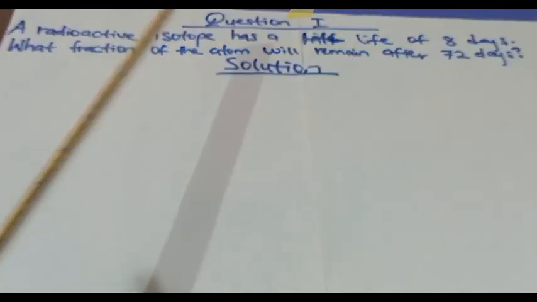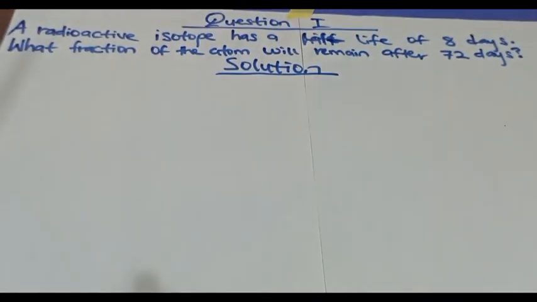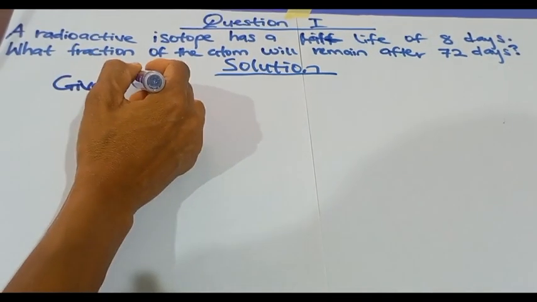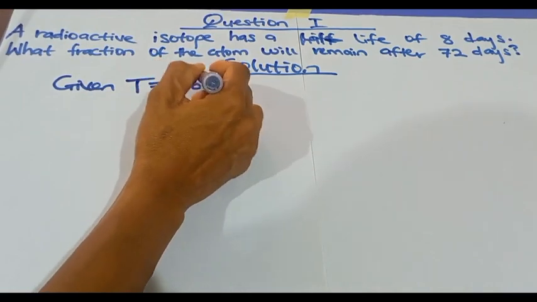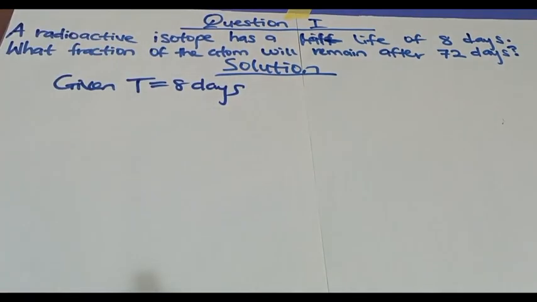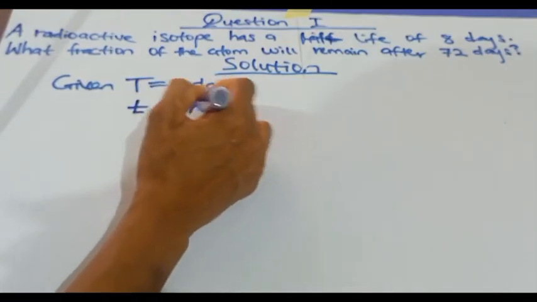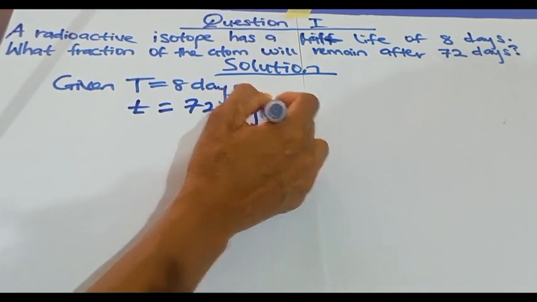The half-life is 8 days, so we'll write T as 8 days. It then means that the time taken for decay, small t, is equal to 72 days.